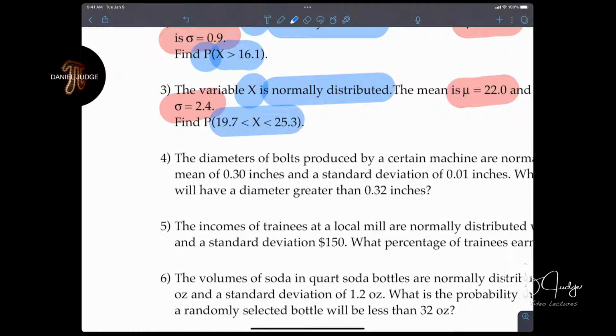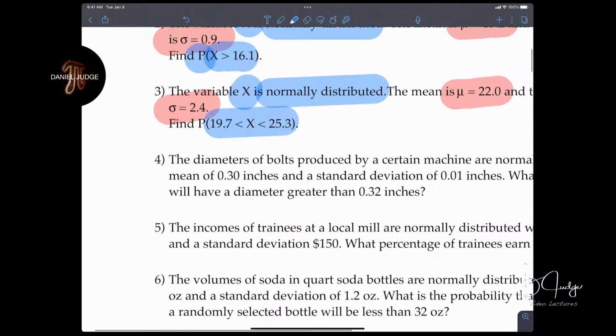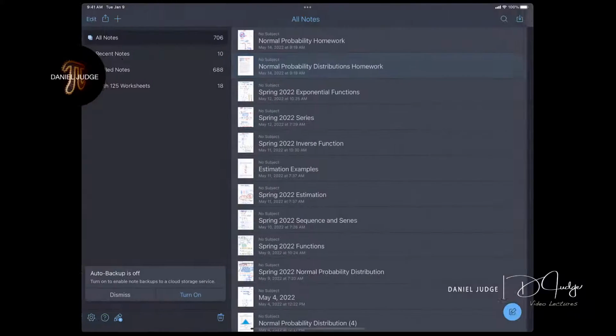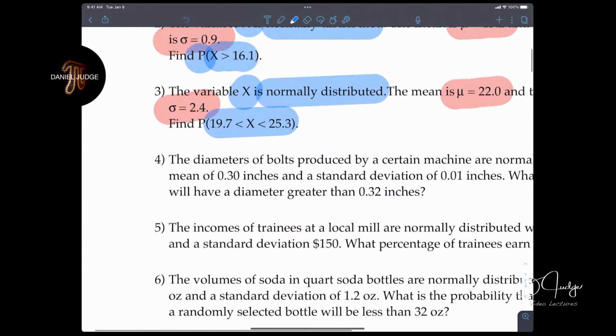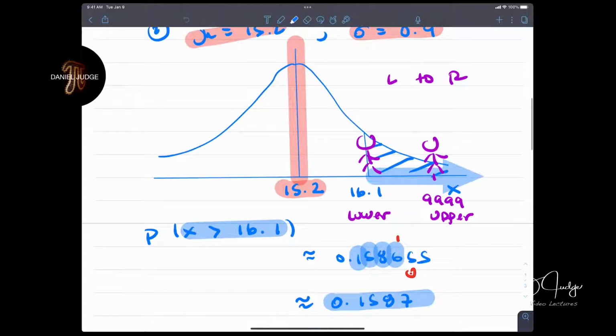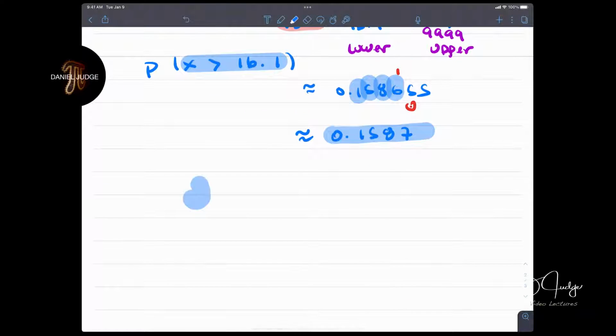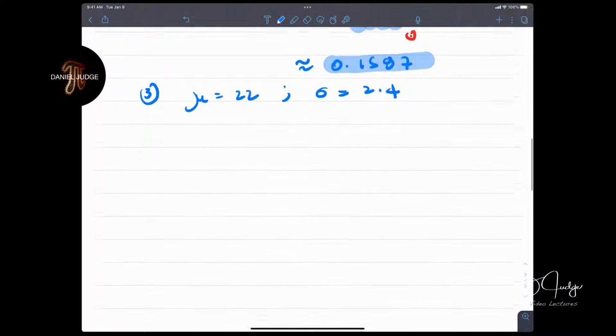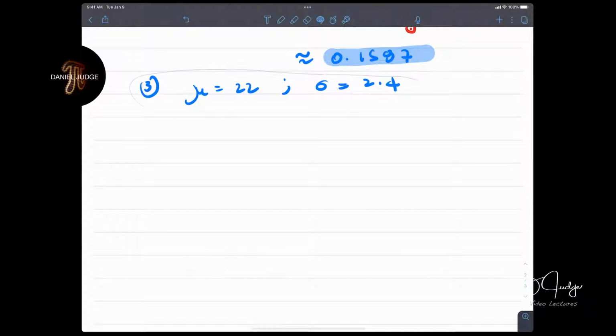So I'm going to do this again where I say, okay, the mean is 22, standard deviation 2.4. Number 3.